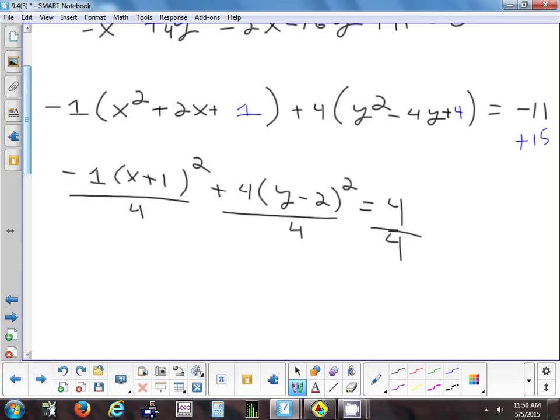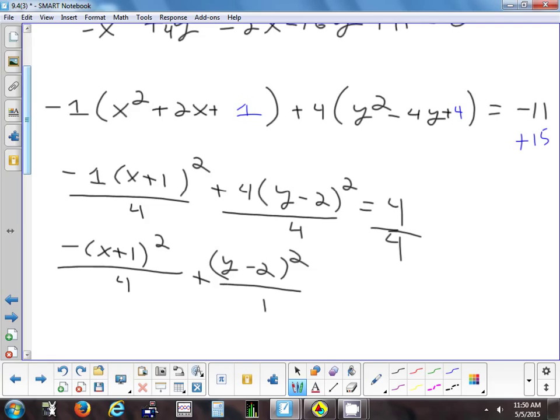So we're going to have negative x plus 1 squared over 4. The 4's are going to cancel there. Equals 1. Almost in the format we want. What's the last thing I have to do? James? Something with the, because isn't the larger one supposed to be on the left?